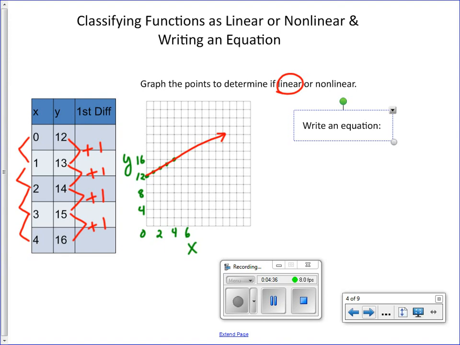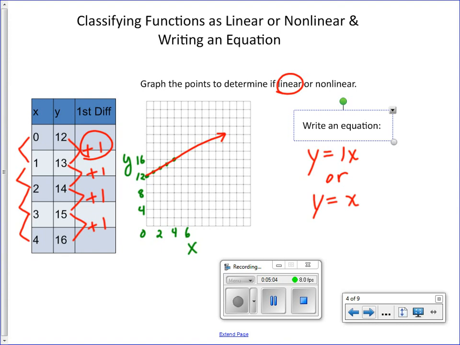When the first difference is the same, then we will have a linear function. This implies that we've got y equal to whatever our change is. In this case it's 1. It would be y equals 1 times x, or simply y equals x.